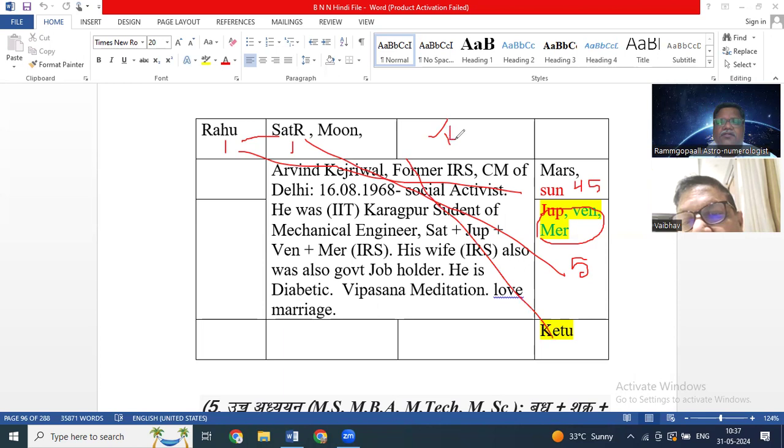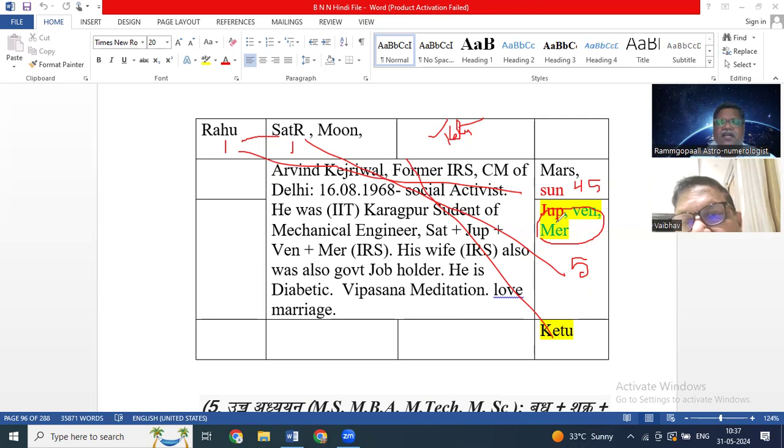That's why he could not continue his job and took voluntary retirement. Ketu is an enemy, and Saturn is also connected with the Moon. The Moon also gives breaks in the profession. That's why he could not continue his job. He took voluntary retirement.